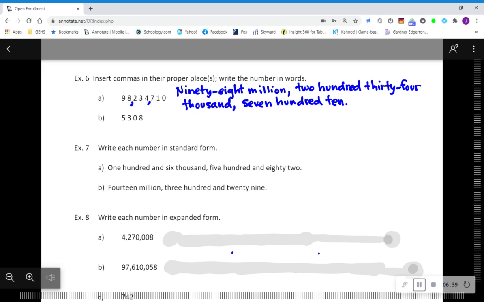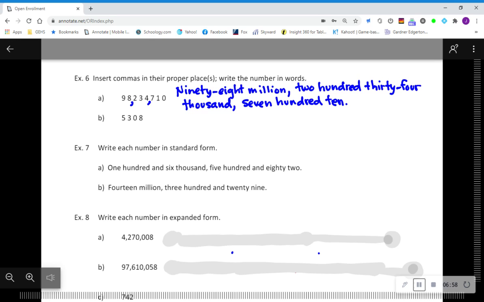It's very common to make the mistake of putting the word "and" in there. You'll see on example 7 in a minute where I did it a couple times. I made a mistake in my own notes. 710. The word "hundred" is misspelled a lot, so I'll just throw that out there.